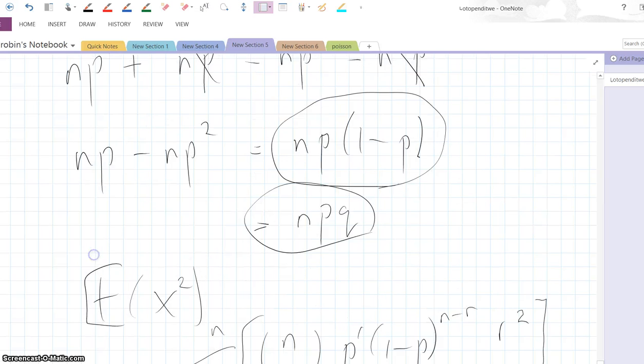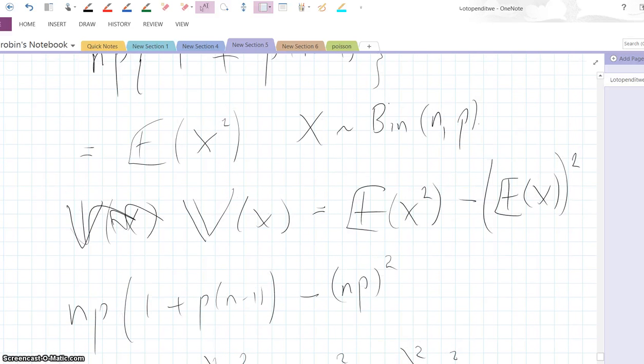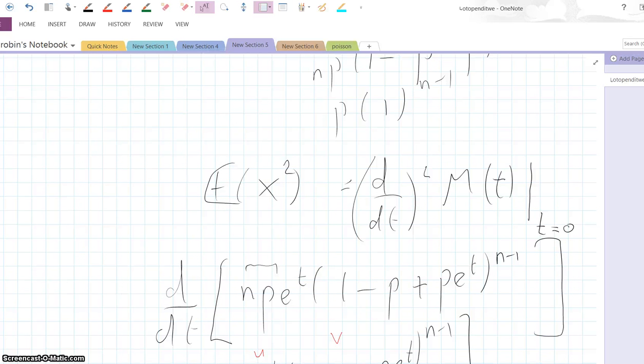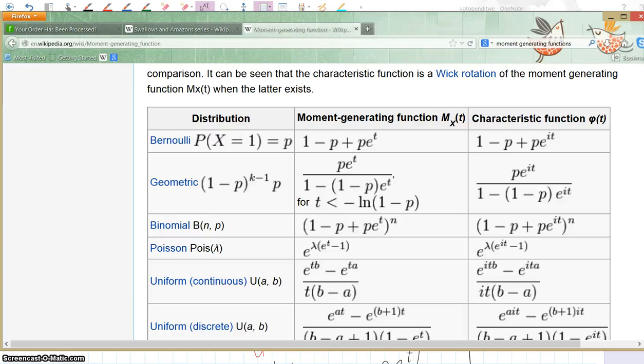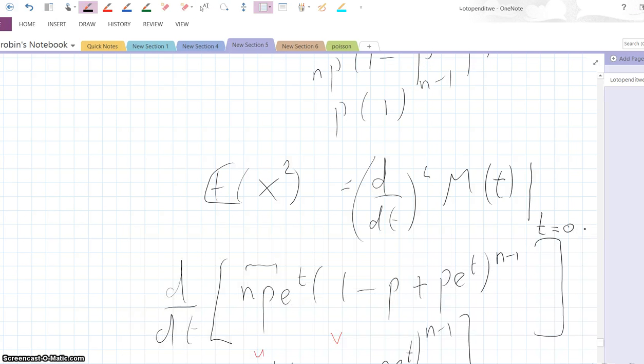It's so much easier to use the moment generating function. So the way to think about a moment generating function is calculating it's the hard bit. Once you've done that, it's like an investment. Once you've calculated the moment generating function, or the characteristic function if you want to do things absolutely properly, it's like an investment.